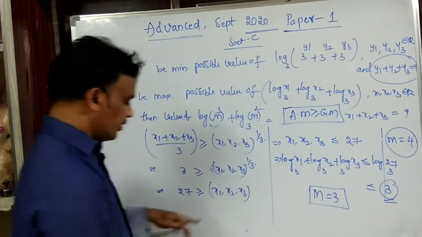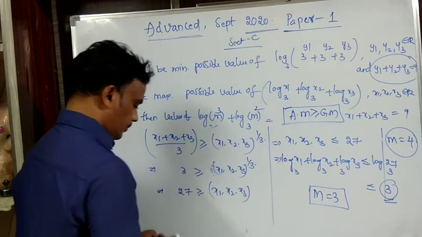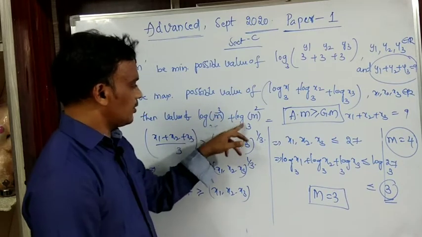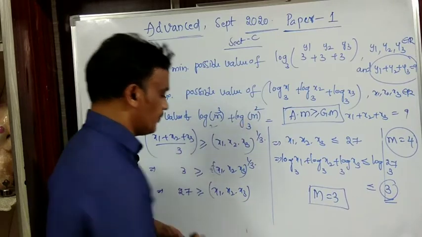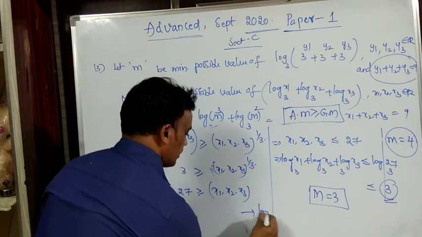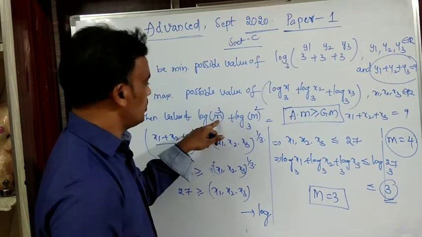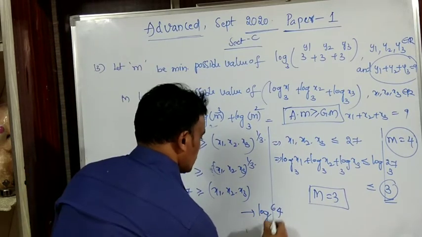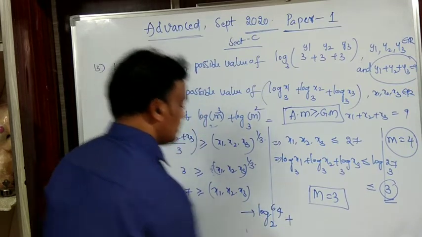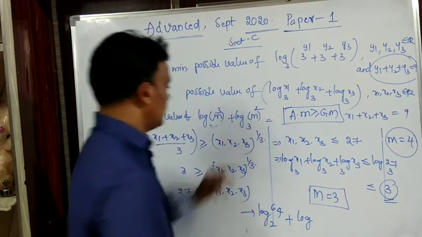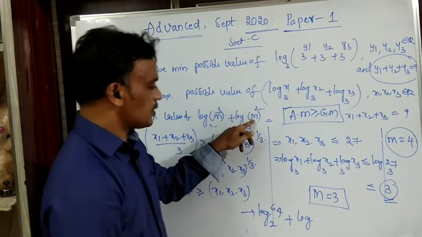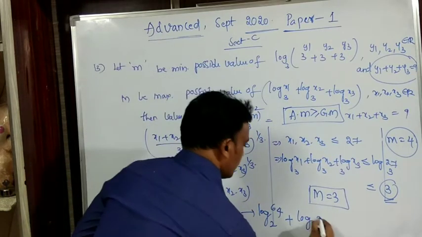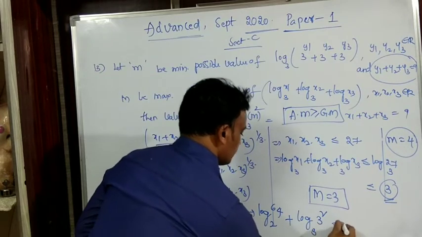Then what they have given in the problem finally: log of small m cube base 2 plus log of capital M square base 3. So I can write the logarithm of small m cube, which is 4 cube, which is 64, base 2, plus the logarithm of capital M square, capital M is 3, so 3 square, base 3.